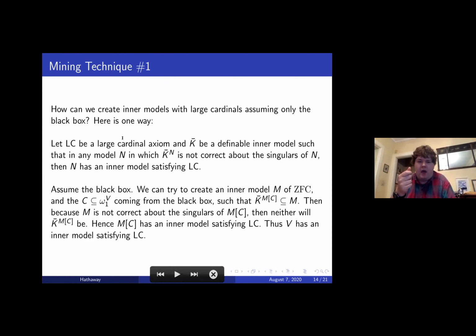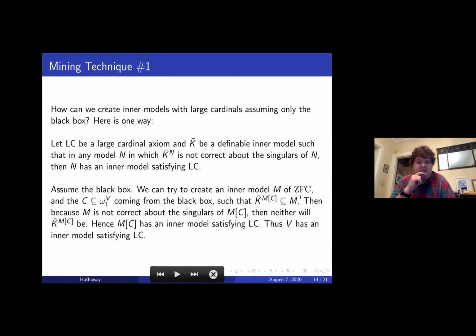So how exactly can we use this phenomenon with the black box? Assume the black box. We can try to create an inner model M of ZFC and a club subset C of omega 1 coming from the black box such that the K bar of M[C] will be contained in M. Why would we want this?